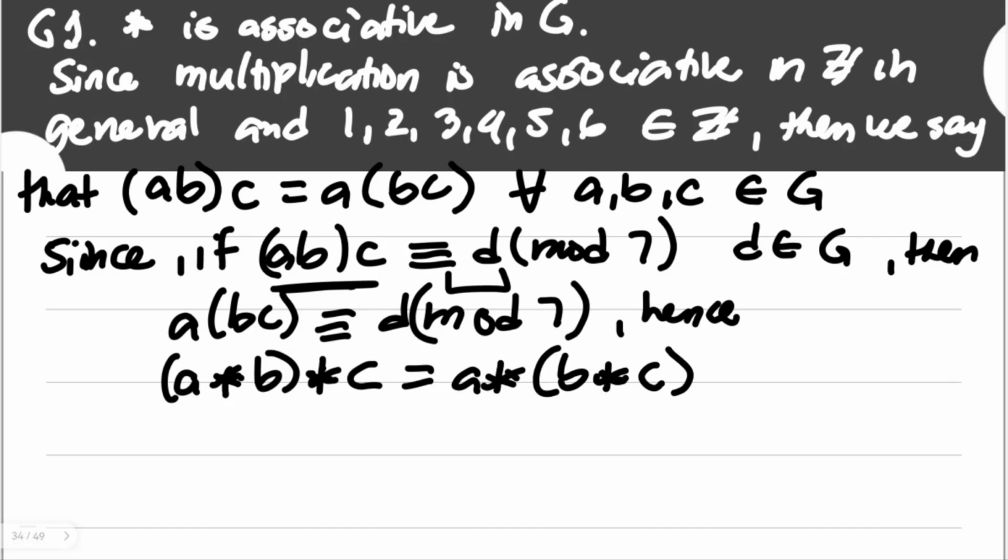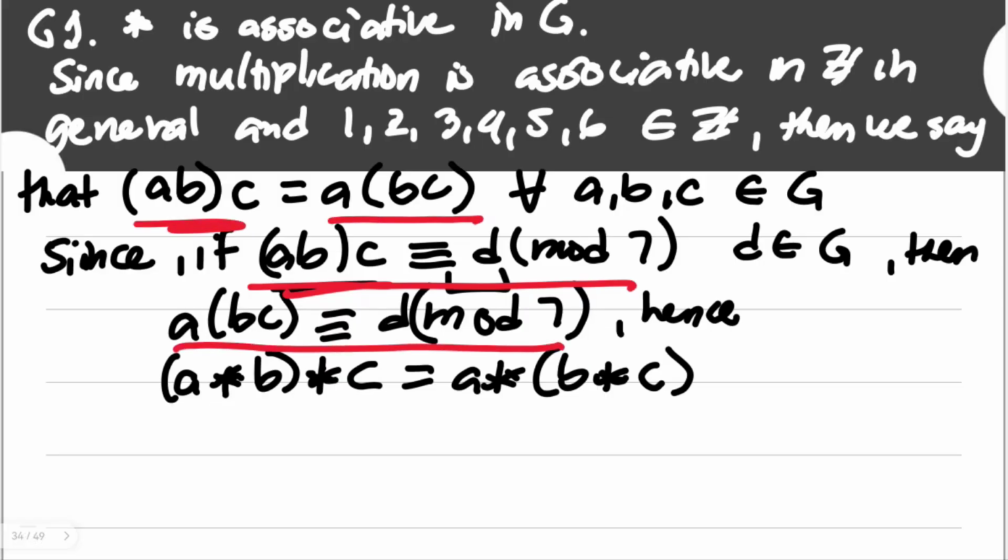Because we already established that they are all elements of Z, and multiplication is associative in Z. Applying that to modulo 7, we have the same result. We're talking about this being equal to that, and since this is already equal to this, they're also equal to this portion here, and implementing the modulo 7, we have established that they are also equal. So hence, or therefore, star is associative in G.